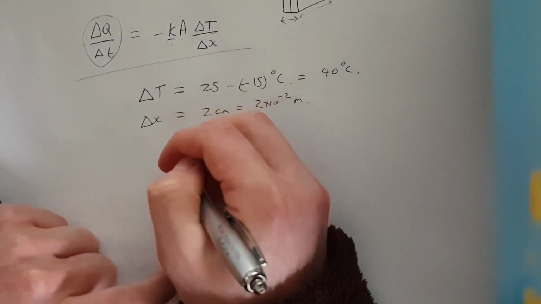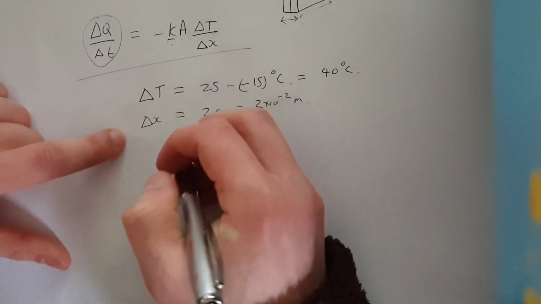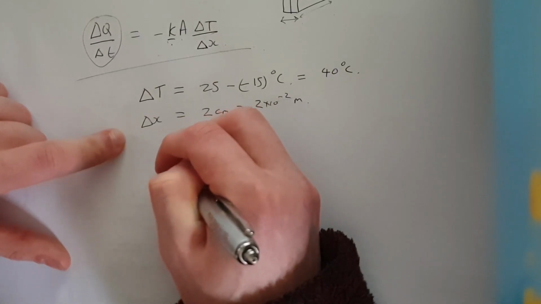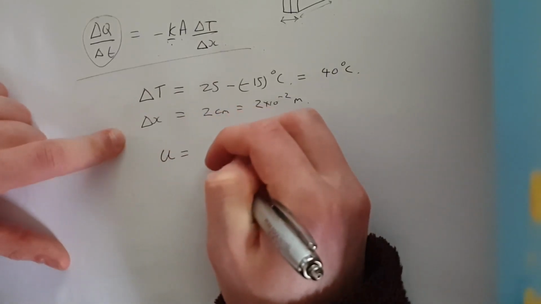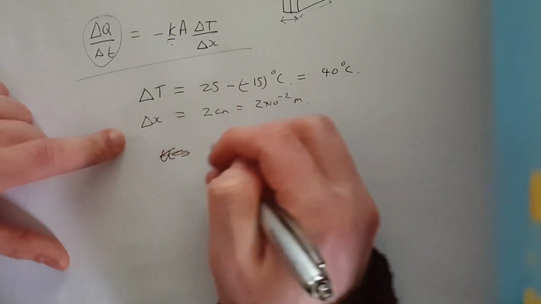So we can say that the U value was, no, I'm going to use R total.